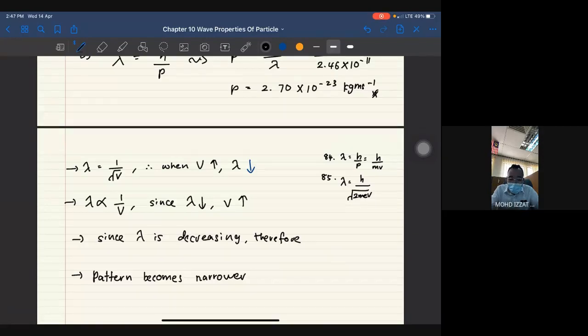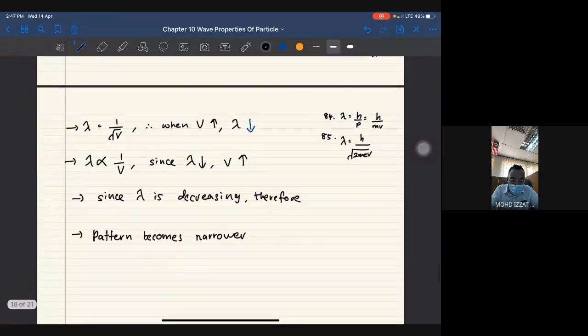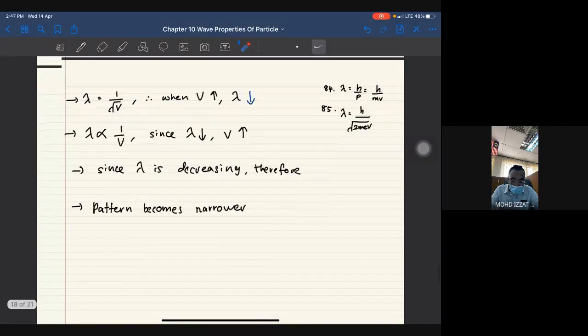But it is enough for you just to say it over here lah, macam ni. So the marks will come from this one, you get 1 mark. And lambda is decreasing, you get 1 mark. So that should be enough. So as long as you ada state yang lambda is decreasing, pattern become narrower, you should get the full mark. Okay, that one is for question 5.